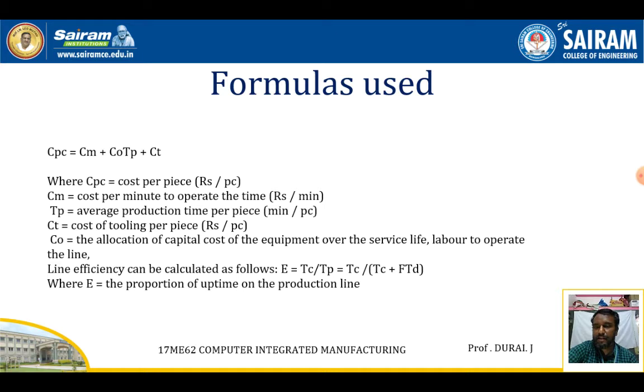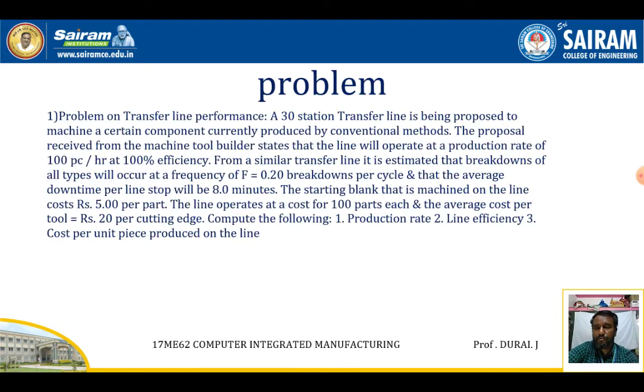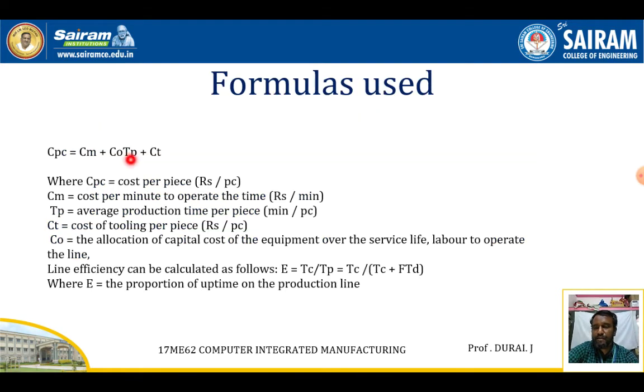Then comes the next one, CPC, the cost per piece, that means the cost of one piece. CPC is equal to CM plus CO TP plus CT. CM is the cost per minute to operate the line, TP is the average production time, and CT is the cost of tooling per piece.